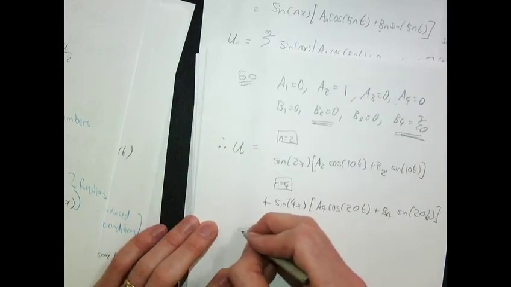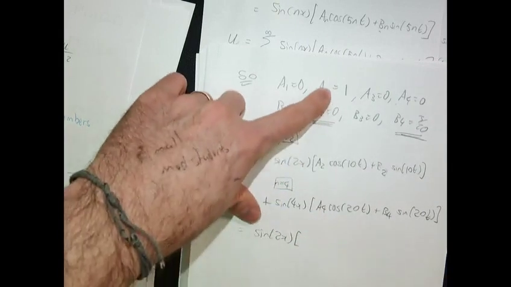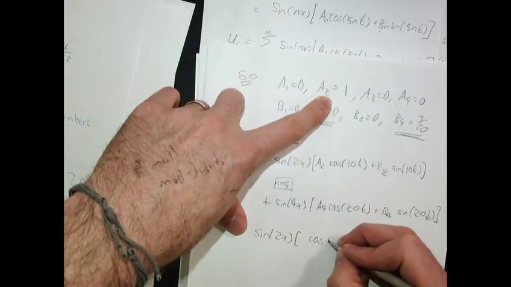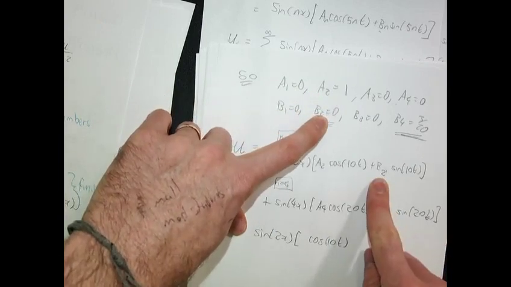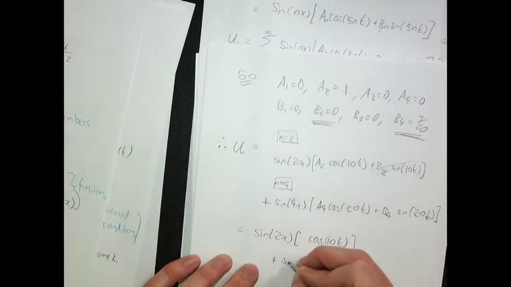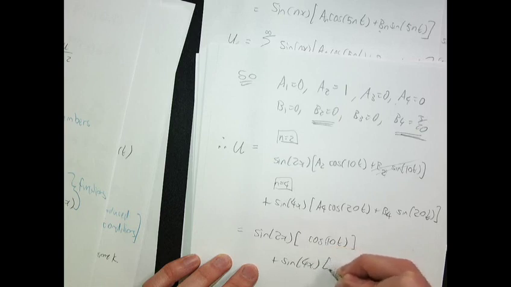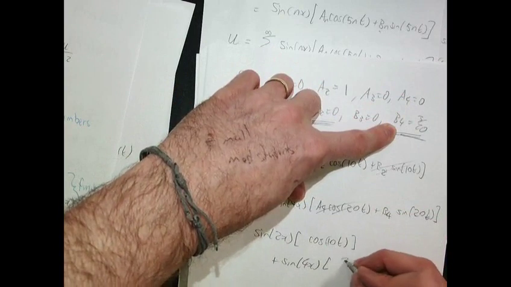And then just to be sure, I can sub in the actual values of A. A2 is 1, but B2 is 0, so it doesn't really exist. And A4 is 0, and B4 is 3 on 20.